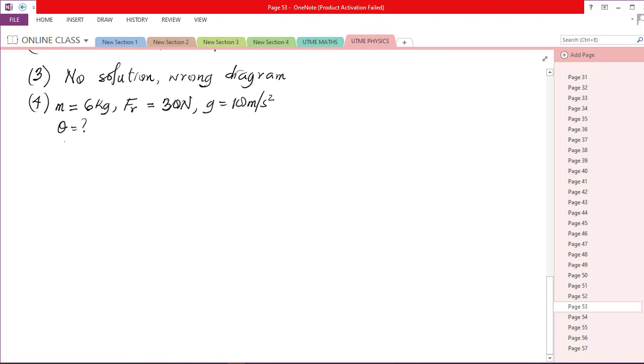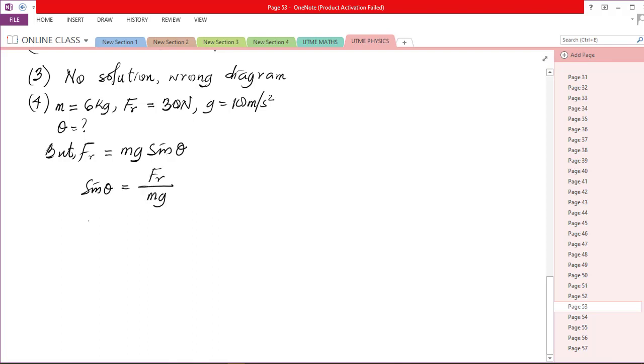But from what we have here, we know our theta from our formula. We know that the frictional force is equal to mg sine theta. In this case, sine theta is equal to Fr over what?